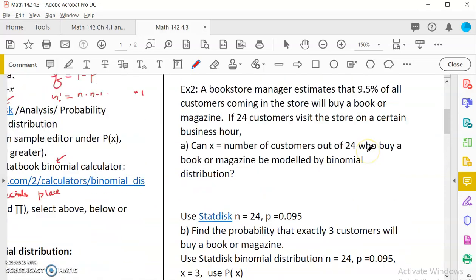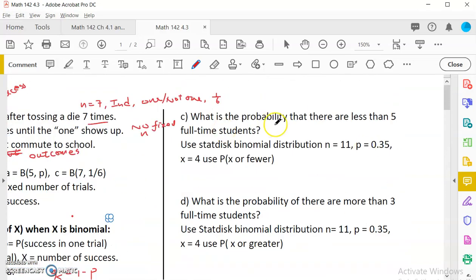Right? So sometimes the question would be like this. What is the probability that there are less than 5 full-timers? Less than 5 could be 4, 3, 2, 1, or 0, right? So I want to add all of these together. X could be equal to this. So I want the probability of X being 4, 3, 2, 1, and 0.